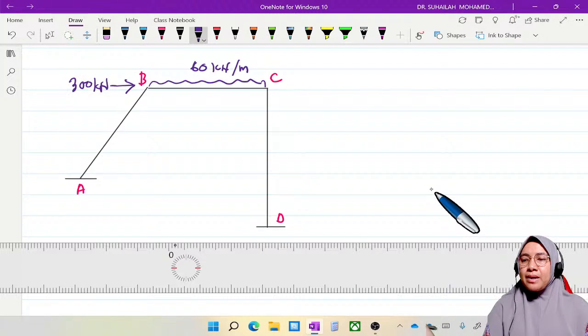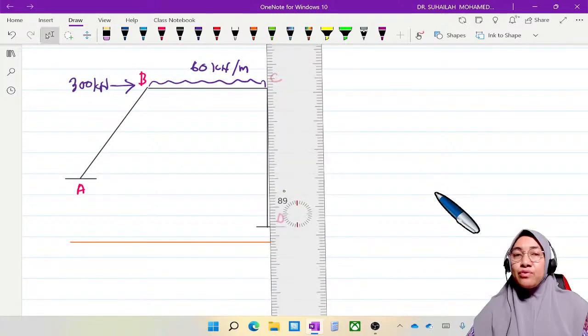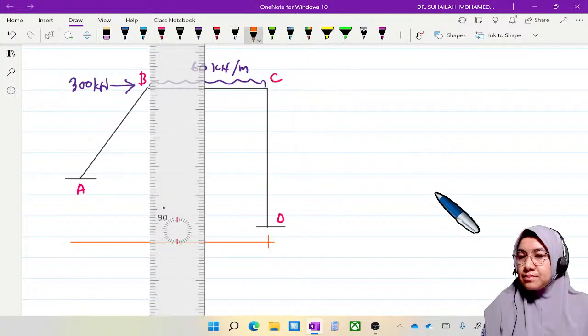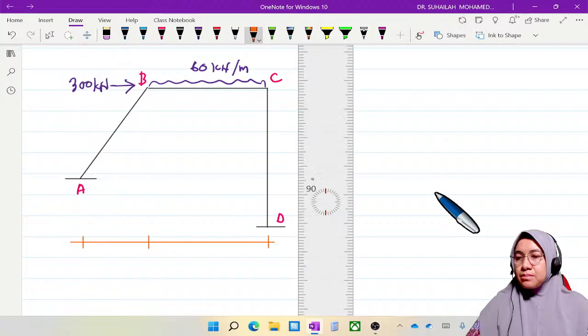Okay, so for the distance, whether the angle is given and you have to determine the distance, or the distance is given and you have to determine the angle.